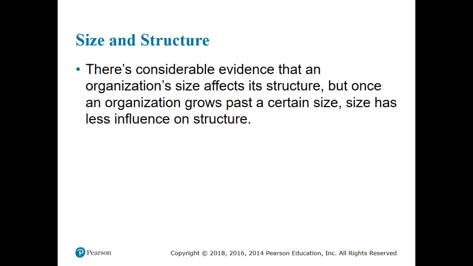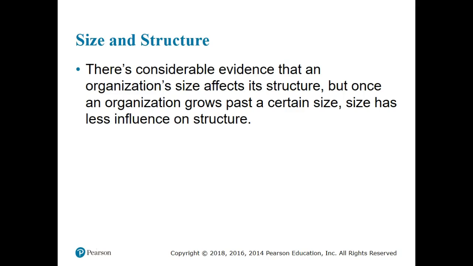Large organizations, typically considered to be those with more than 2,000 employees, tend to have more specialization, departmentalization, centralization, and rules and regulations than do small organizations. However, once an organization grows past a certain size, size has less influence on structure. Why is that?